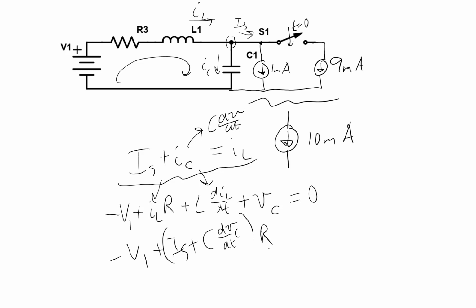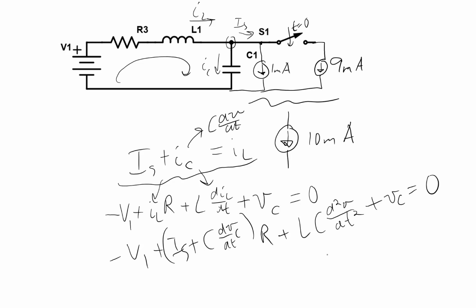And then with L dI/dt and this substitution, we'll get that to just be L times C d squared V/dt squared. And then we still have our Vc term that we're going to try to solve for, and then that whole thing is equal to 0.